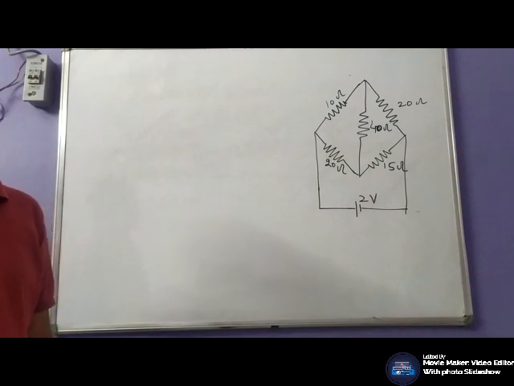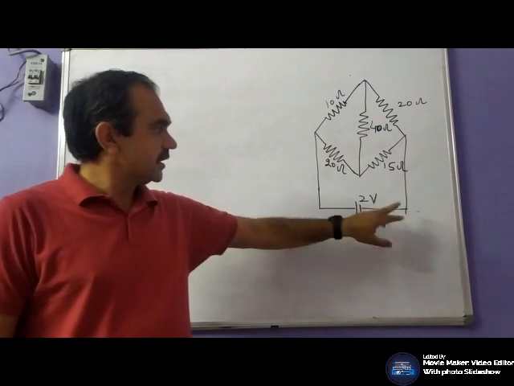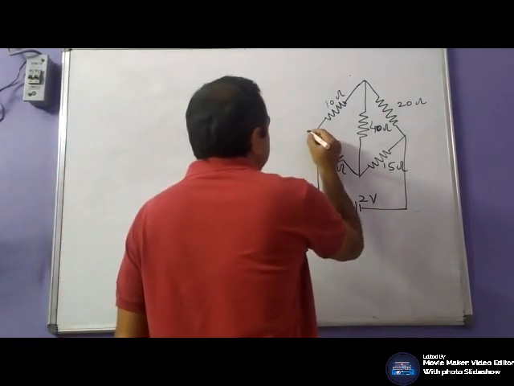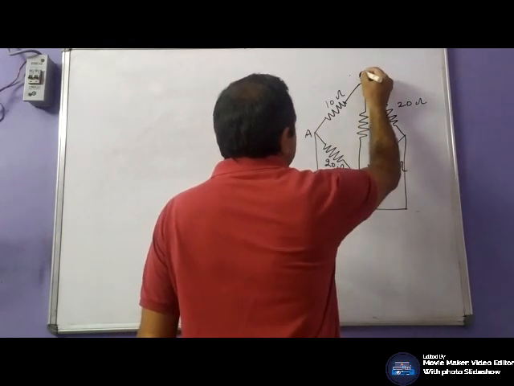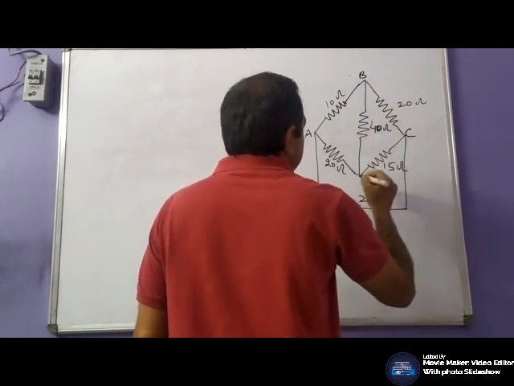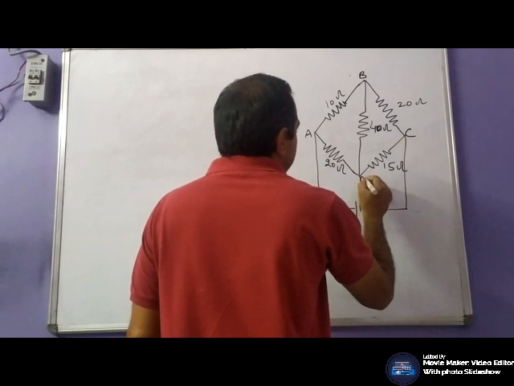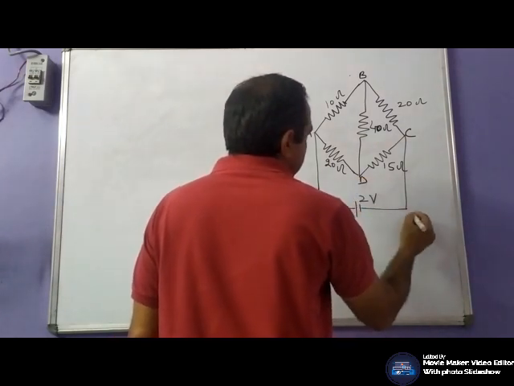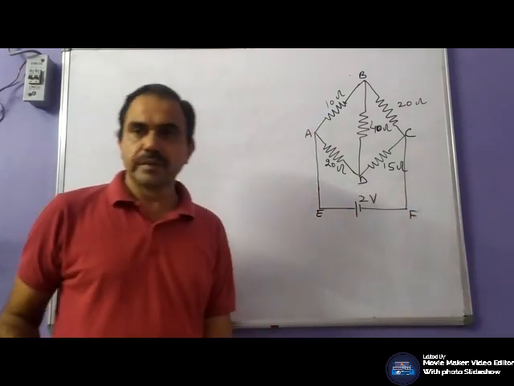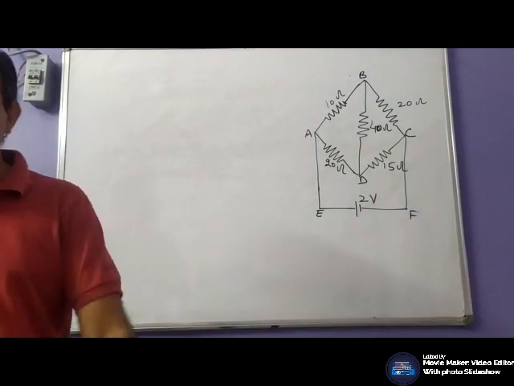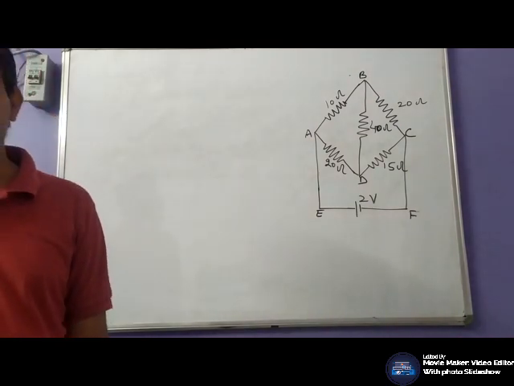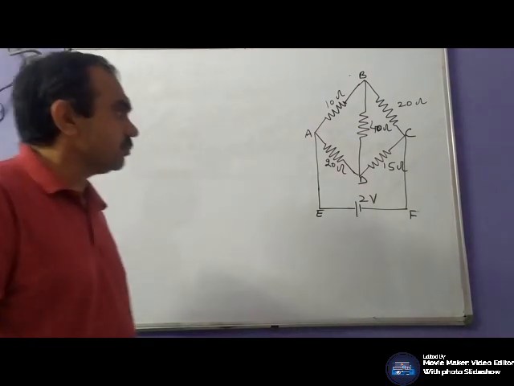How will you do it? First, you will consider the loops in it. Let us first mark A, B, C, D, E, F. I have marked the points A, B, C, D, E, F. Now select the loop.